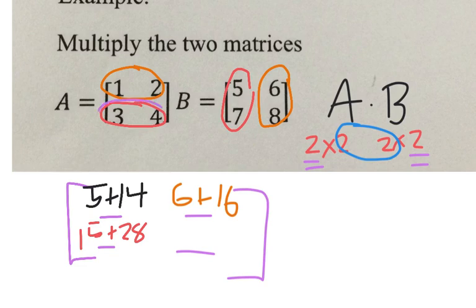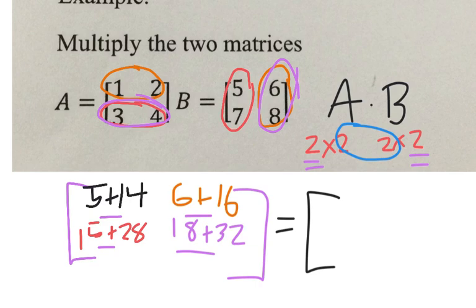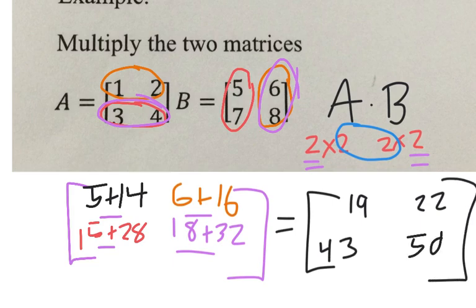And then lastly, the second row by the second column goes in the second row, second column. 3 times 6 is 18. 4 times 8 is 32. And now then go ahead and do the simplification. So this is 19, 22, 43, 50. Finished.